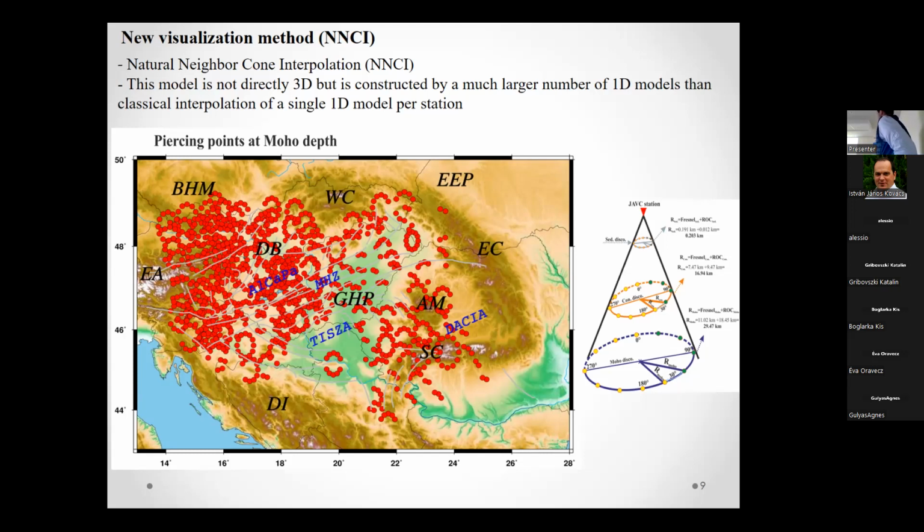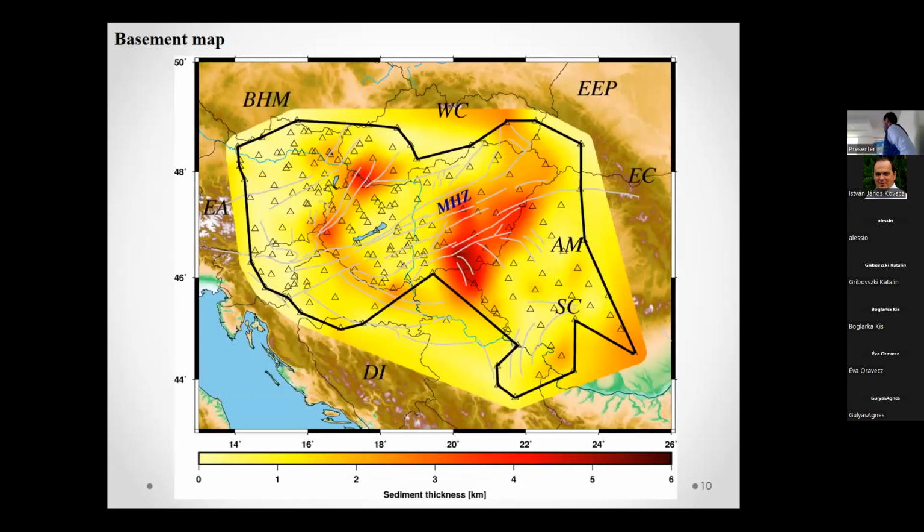So I would like to show some results. This is the basement map from the receiver function analysis, which correlates very well with previous investigations. The thick sediment is located beneath the Great Hungarian Plain, Vienna Basin, and Drava Basin.